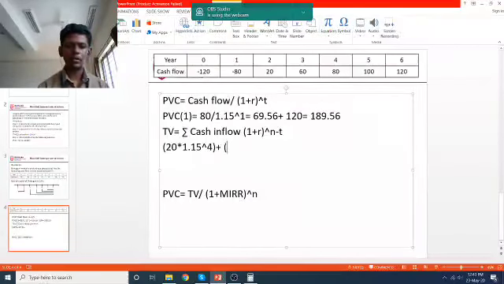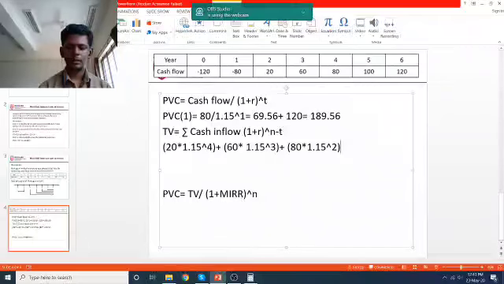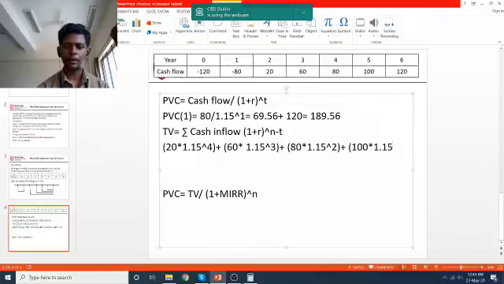Plus go to the next year. After 20 it is 60. 60 into 1.15 to the power of 3, plus next year 80 into 1.15 to the power of 2, plus 100 into 1.15 to the power of 1, plus 120.